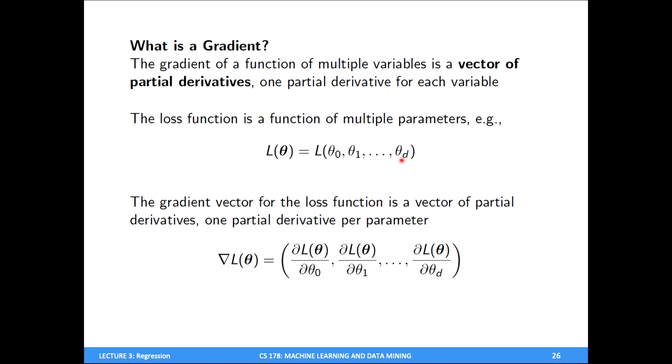The gradient of our loss function is a vector-valued function. It takes in a parameter vector theta, and it spits out a new vector, where the components are the derivatives of our loss function with respect to each of our different parameters. We'll differentiate L with respect to theta naught and get the first component, differentiate L with respect to theta 1 and get the second component, and so on.